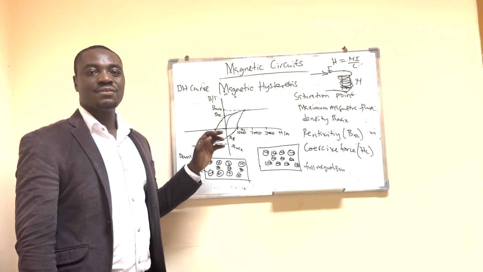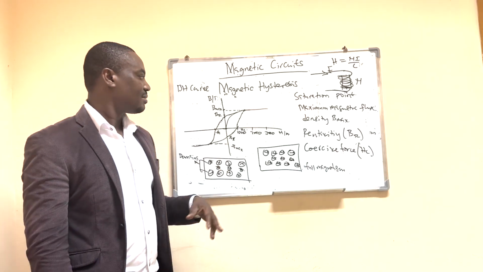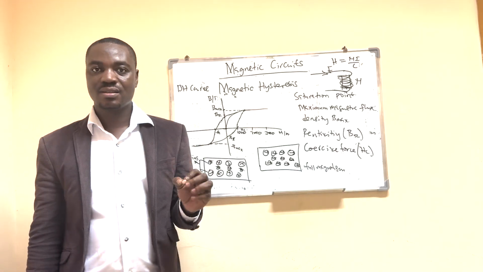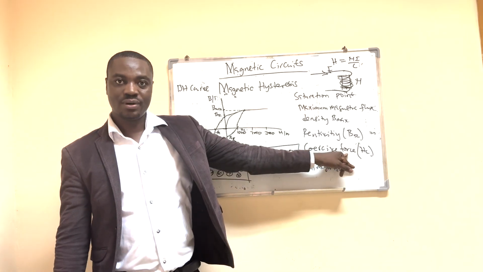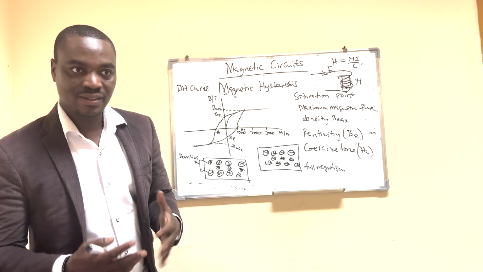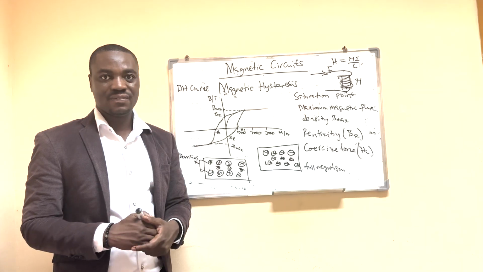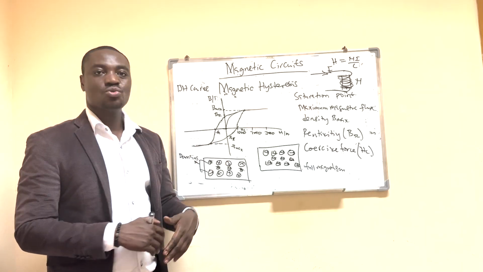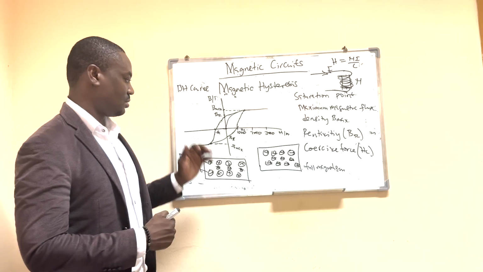The magnetic field strength needed to make the magnetic flux density zero is what we refer to as the coercive force. In other words, it's the magnetic field strength needed to make the magnetic flux density become zero.